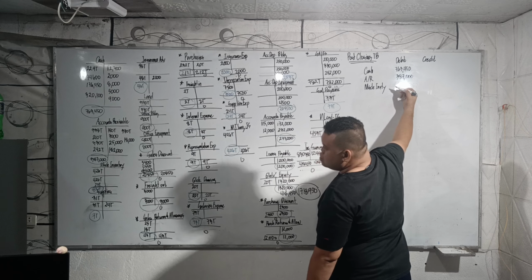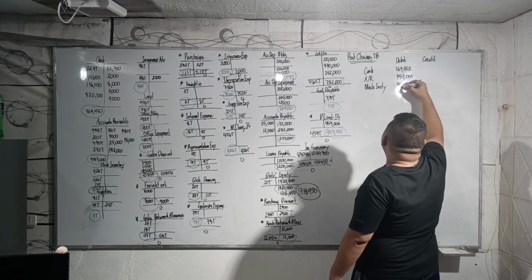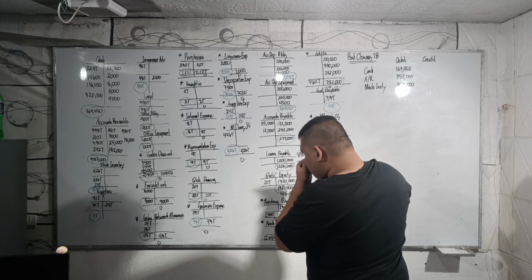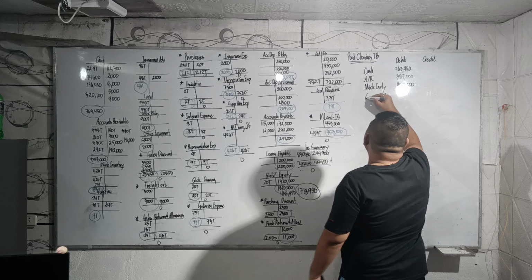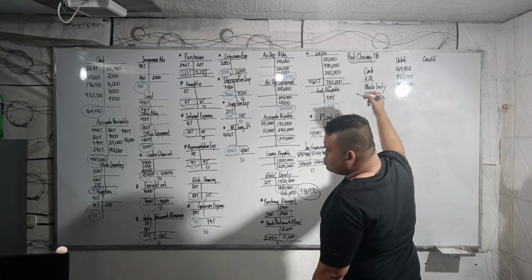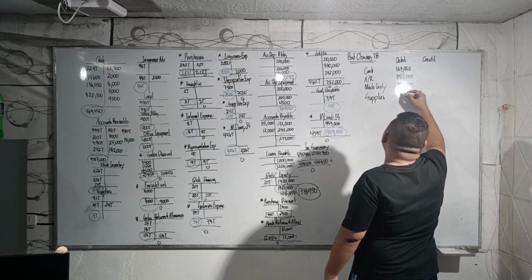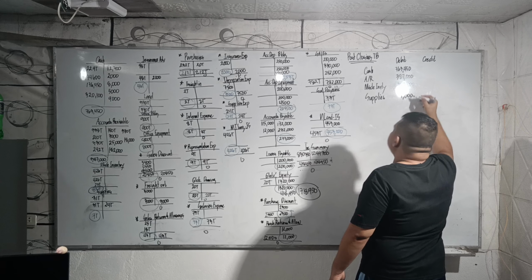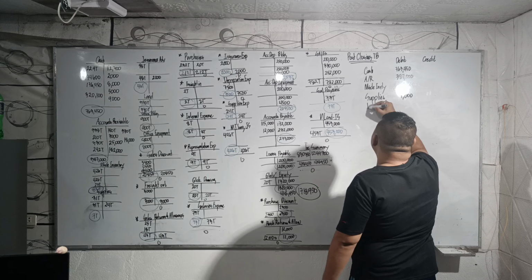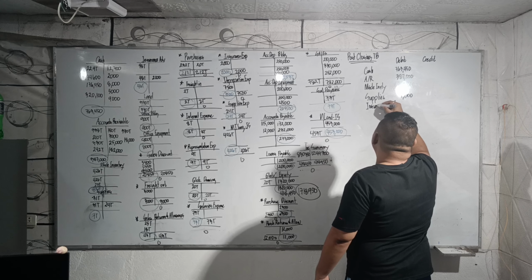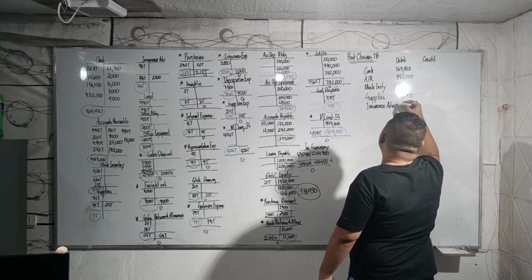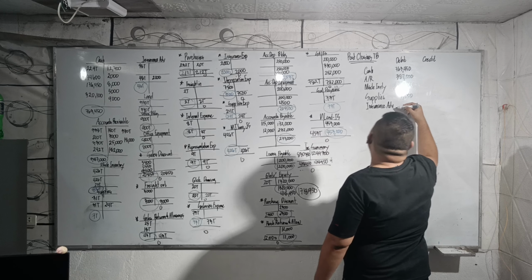It's already 453,000. We have the supplies. Supplies is at 7,000. We have the insurance advances, 46,000.